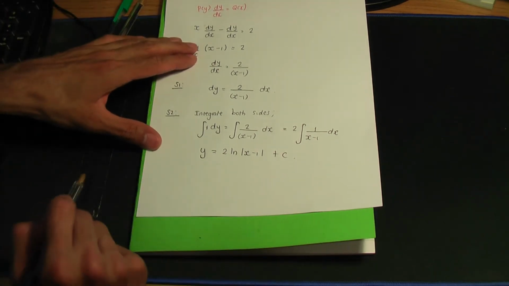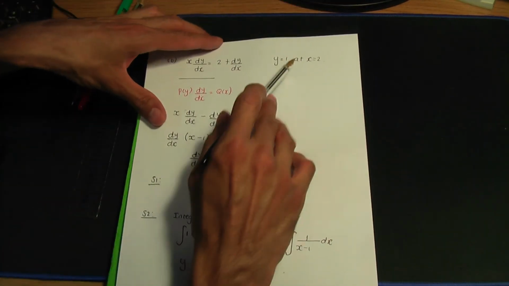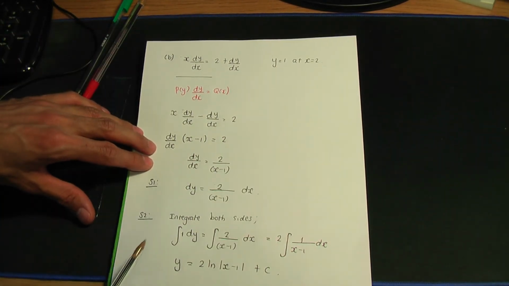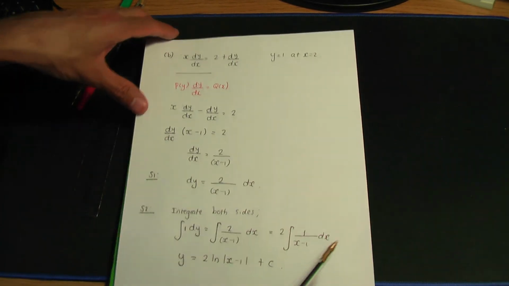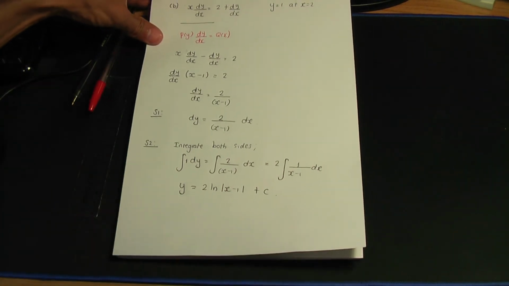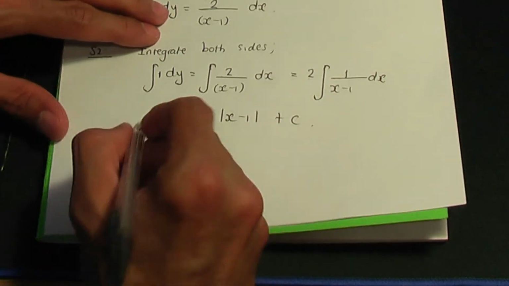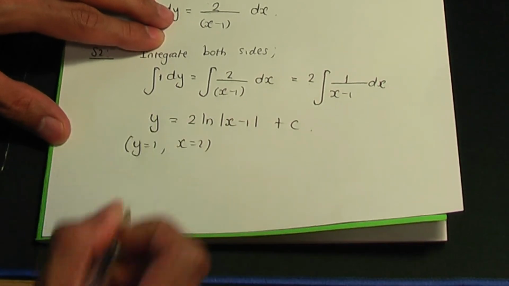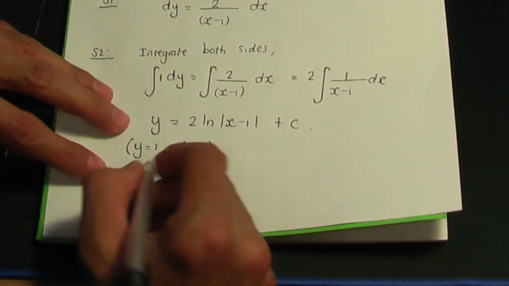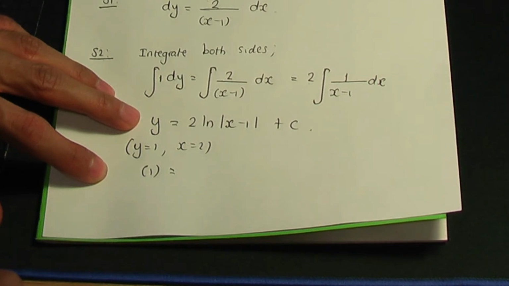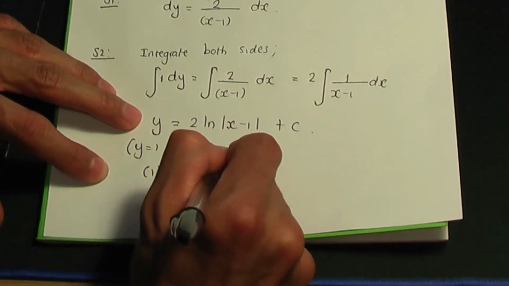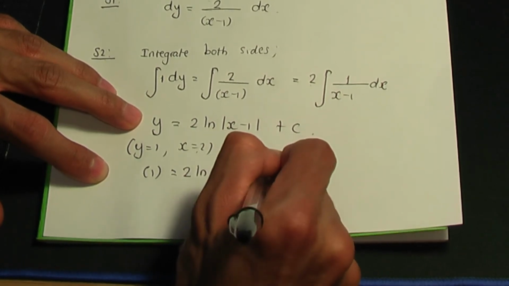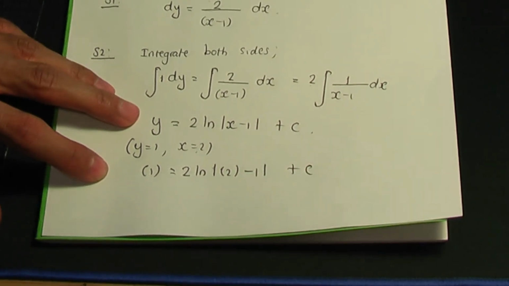And we haven't finished because we've been given some values for x and y. y is equal to 1, x is equal to 2. We can use these values to work out the value of the integration constant c. When I do the replacement, I'm going to have y, which is 1, equal to 2 ln the modulus of x, which is 2, minus 1, add c.